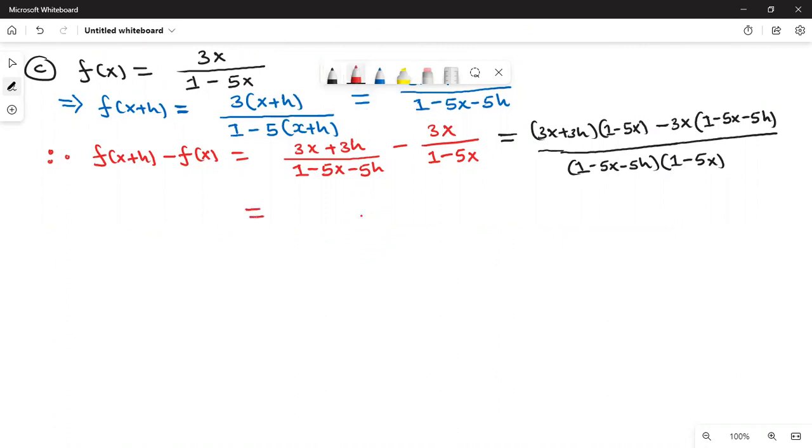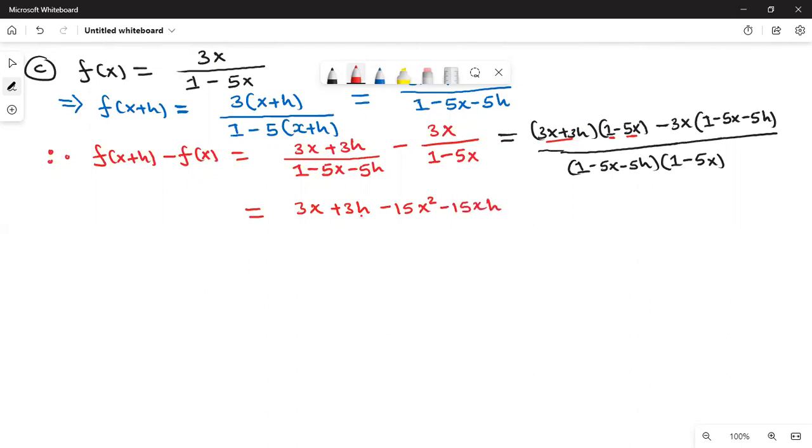So that would be equal to, let me multiply the whole of this by 1. The whole of that by 1 will give us 3x plus 3h. Now, the whole of this again by negative 5x. So that will give us negative 15x squared minus 15xh.